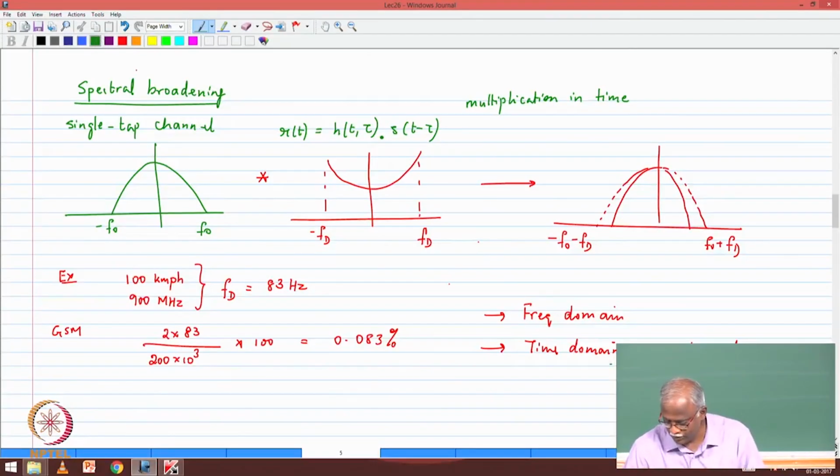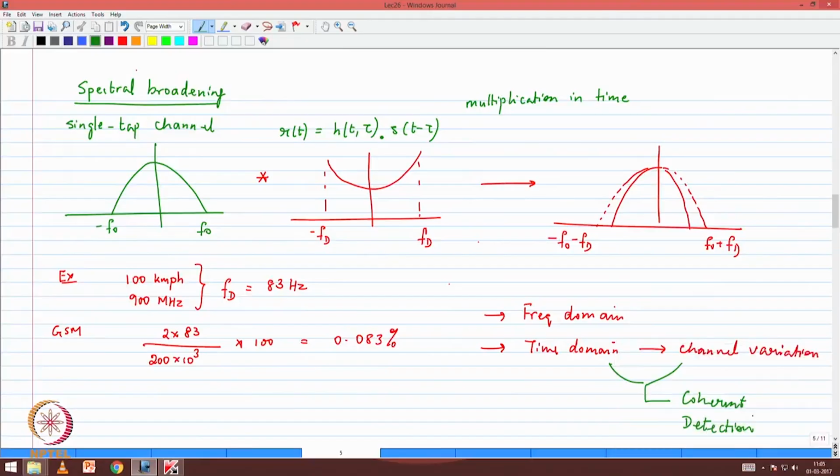Okay. So, this will affect coherent detection. Again, the whole idea of the analysis is so that we know how to characterize and handle the impact of the channel.